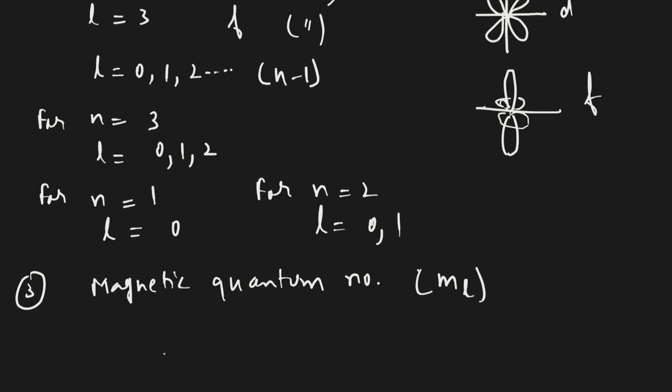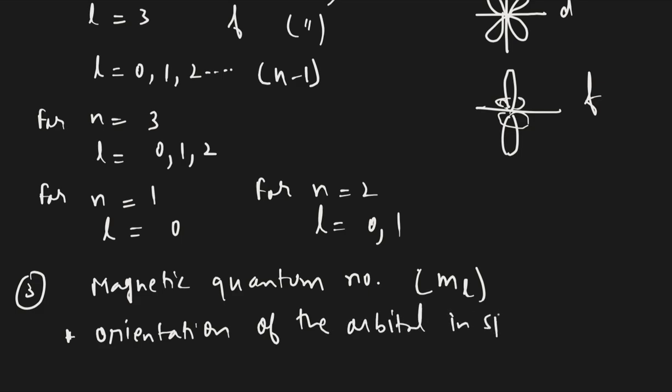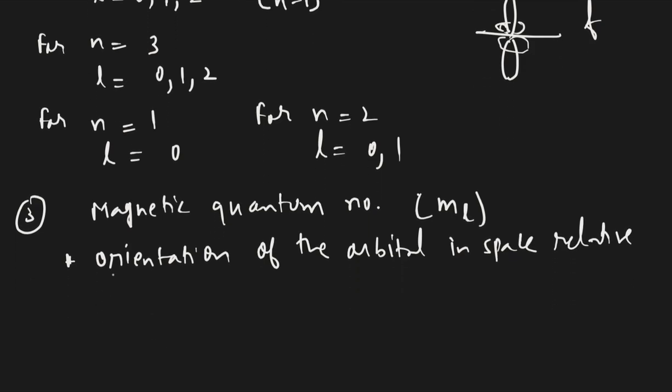Basically, this represents the orientation of the orbital in space relative to a magnetic field. Okay, so what is the orientation of the orbital?